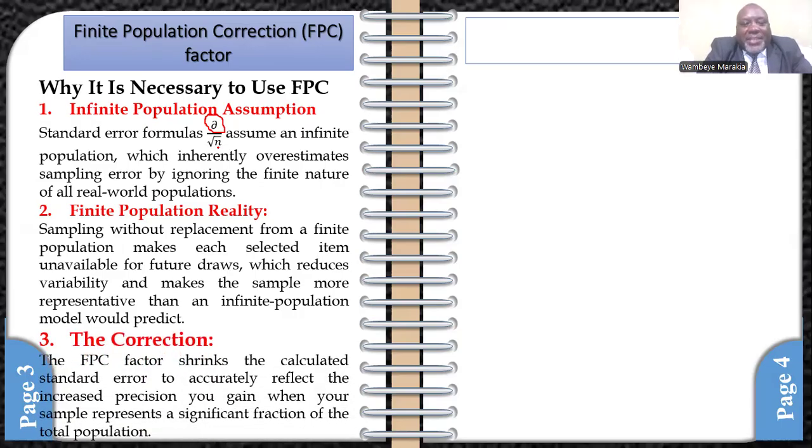Then there comes the correction. The finite population correction factor shrinks the calculated standard error to accurately reflect the increased precision you gain when your sample represents a significant fraction of the total population.